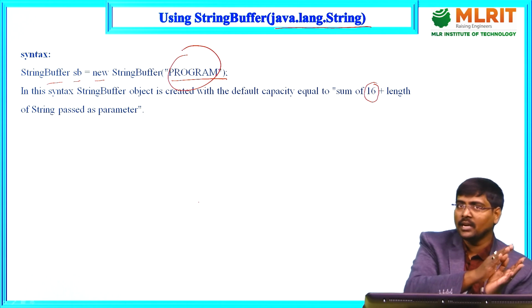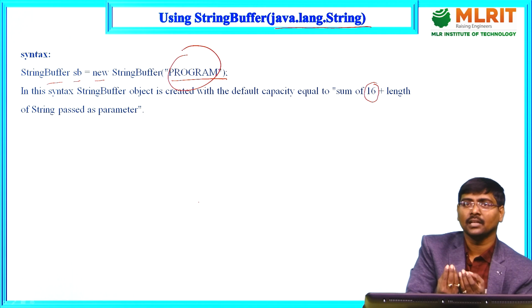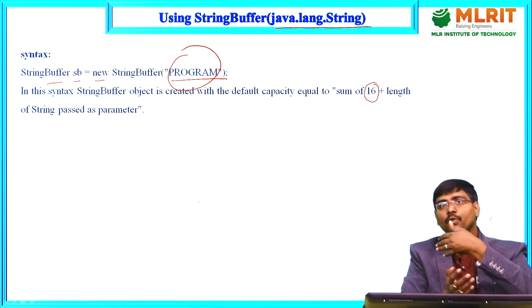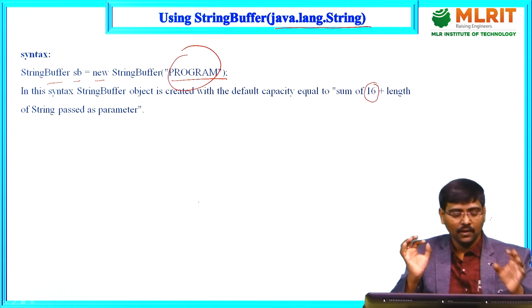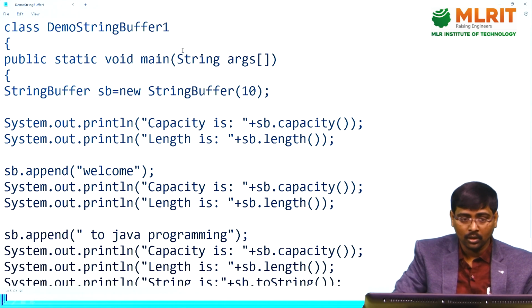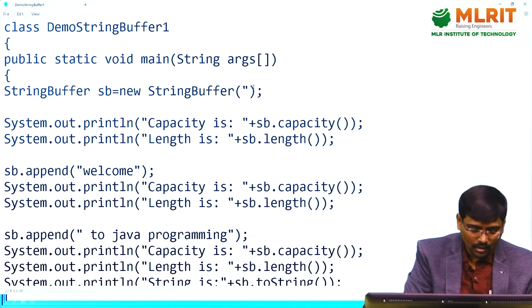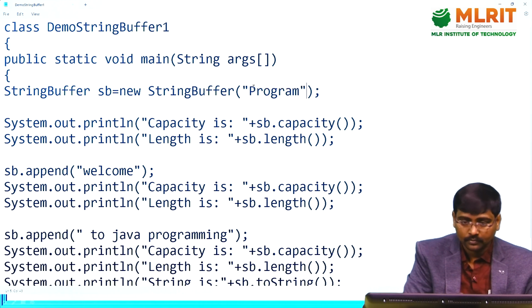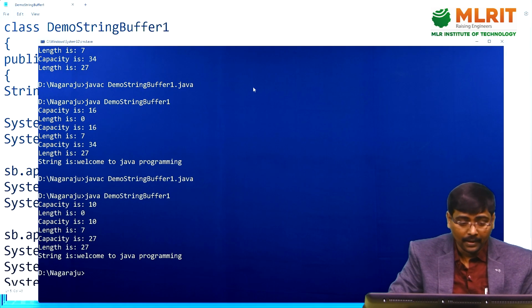Now understand all these variations based on capacity. In the string buffer, buffer means the place where we are storing the items. That buffer size plays a very crucial role. Now instead of an integer, here I passed a message, program. Now observe the capacities.